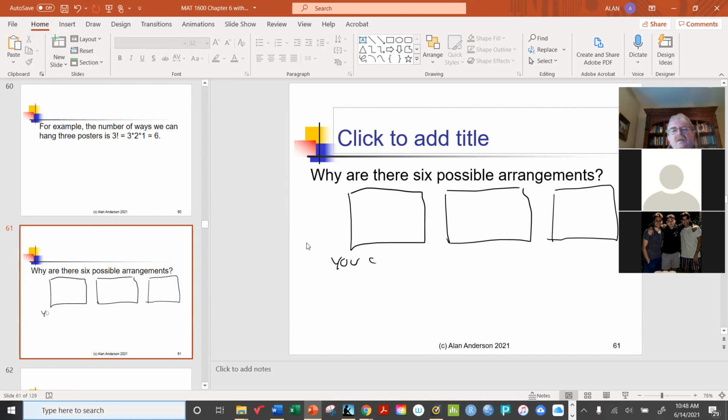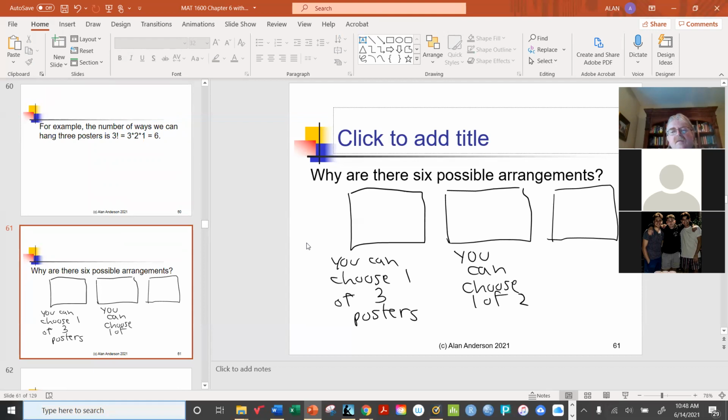You can choose one of 3 posters. But once you've chosen that one, when you get to the second poster, there's only 2 left. You can pick one of the 2 remaining posters. And then when you get down here, there's only 1 remaining poster.